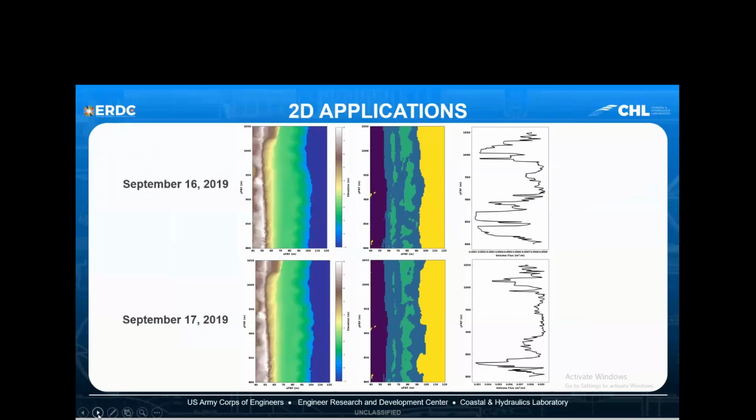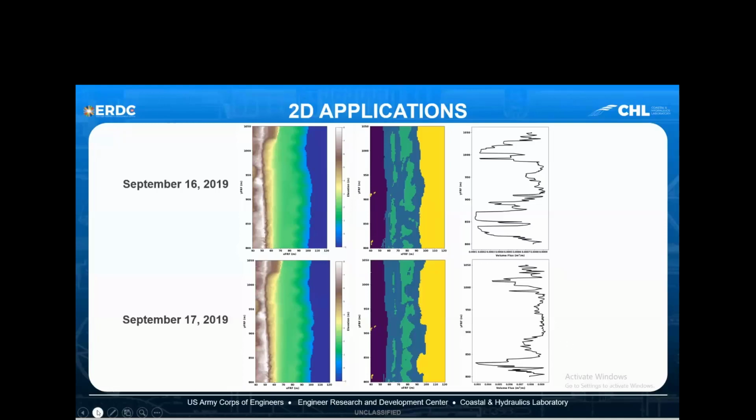And when we look at 2 days together, September 16th, 2019 and September 17th of 2019, we can see that both days do have a good amount of variation in the volume flux, but they're different, and we see corresponding differences in the bed composition on the 17th from the 16th, as well as morphology change for both days, though relatively small changes. But the volume flux in the alongshore is different for each day.